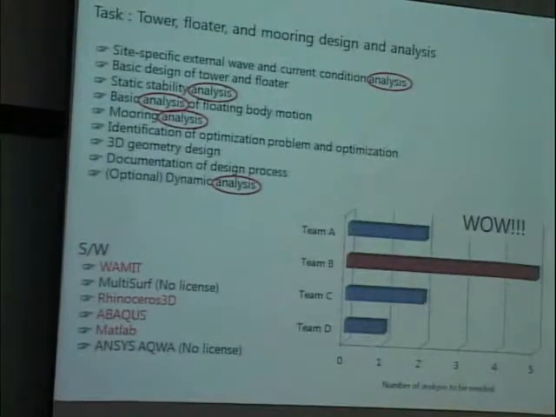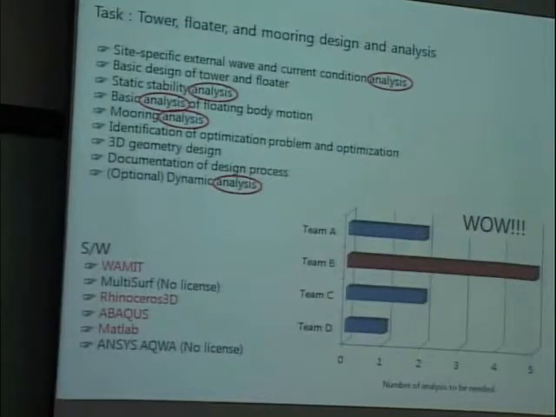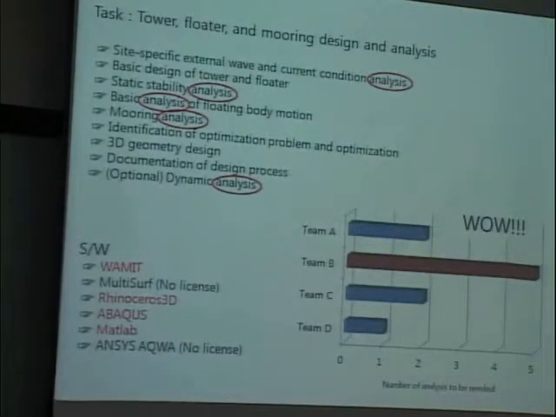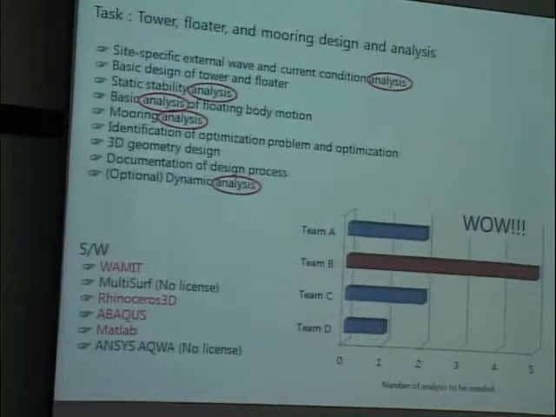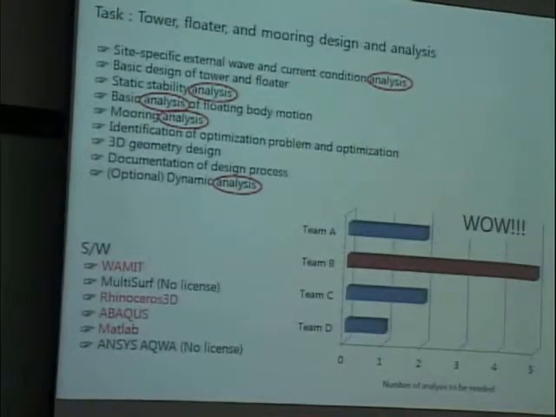The first one is the team mission. In order to check the stability, dynamic stability, and mooring analysis, we need many kinds of analysis. For example, the wave and current condition analysis, the stability analysis, the floating body dynamics, and mooring analysis, and also the dynamic analysis.